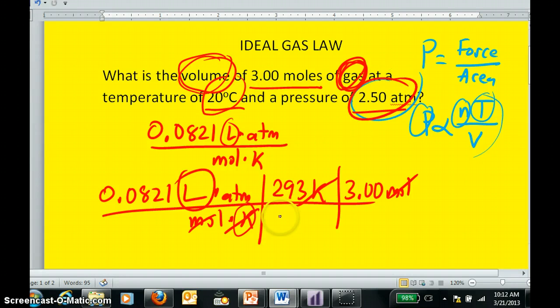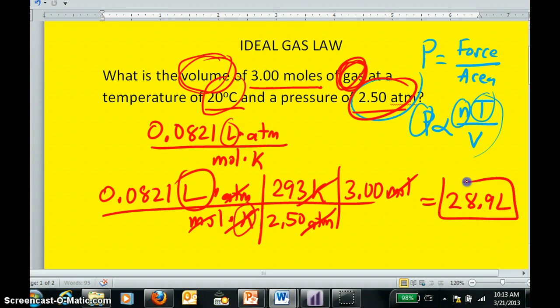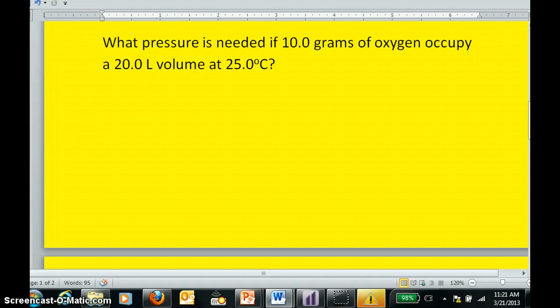And I'm given 2.50 atmospheres of pressure. The atmospheres cancel, and I'm left with my volume. And it comes out to 28.9 liters.